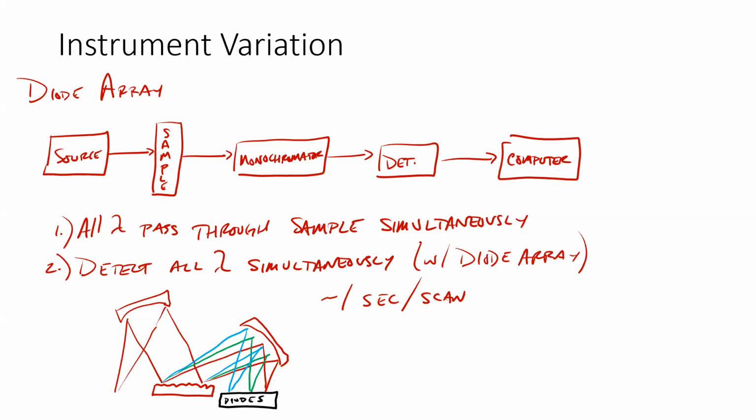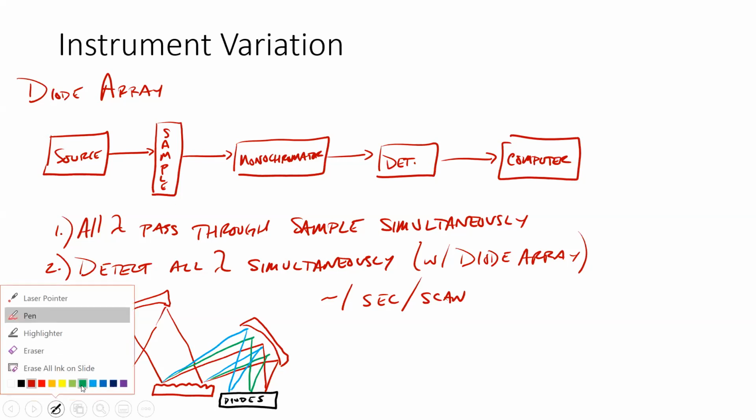The second being that diodes generally are less sensitive than other types of instrumentation because for a long time, they didn't amplify the signal as much. And so if you had really low concentration, it wouldn't necessarily pick it up. And so that has started to change.